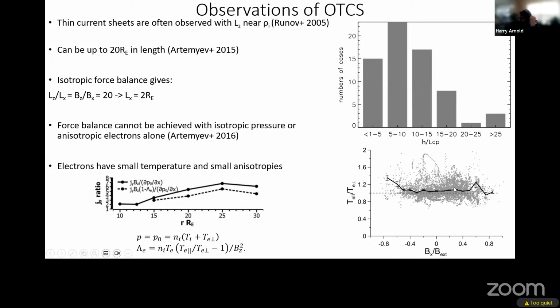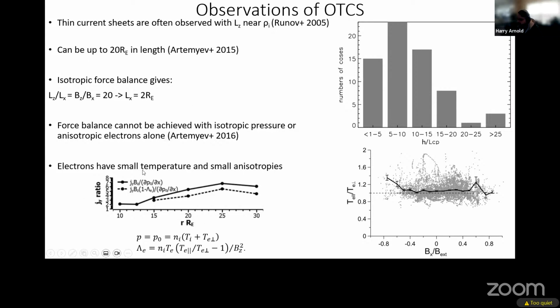And on the bottom right here, I'm showing the electron anisotropy as a function of Bx, which is basically to say distance from the current sheet. And what you see is when you're very close to the current sheet, you do have some slight electron anisotropy, but it's extremely small. And when you couple that anisotropy with the fact that the electron temperature is already much smaller than the ion temperature, it's really, really difficult to get those electrons to give you the appropriate force balance to get that 20 RE in length.